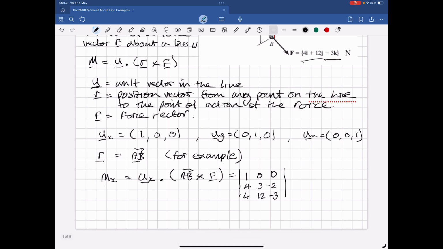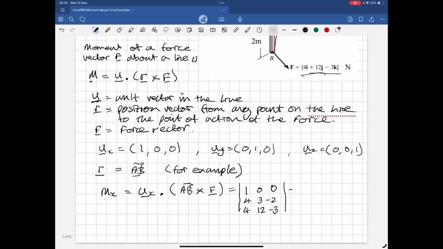Okay, so we expand that. That'll be equal to 1 times the determinant of 3, minus 2, 12, minus 3, which equals minus 9 minus 24, which equals 15, and we can write Newton meters as the dimensions, meters of the force in newtons.